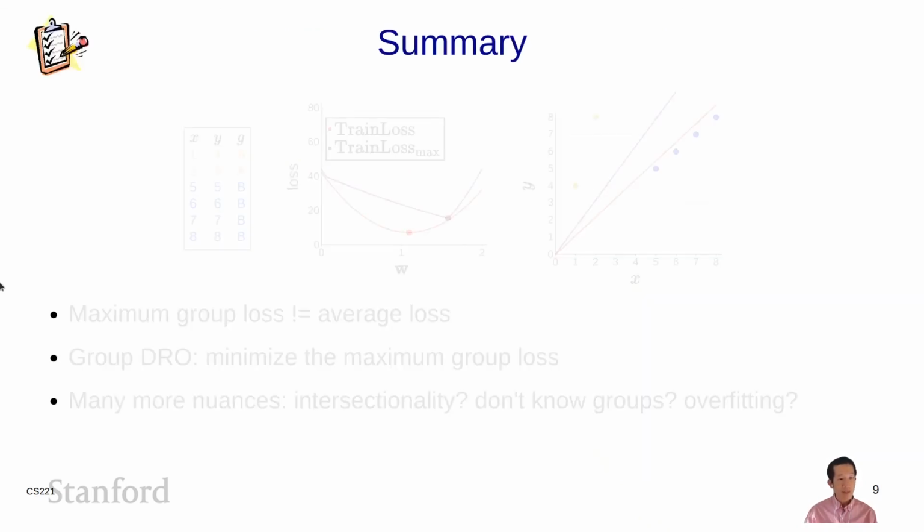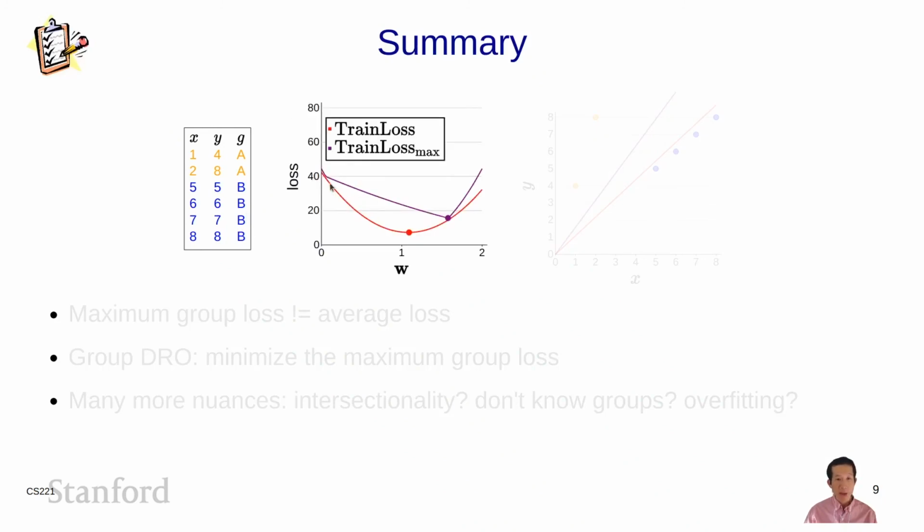Okay, so let me summarize here. We've introduced the setting where examples are associated with groups. We've done it for group regression, but this generalizes to classification and other more general machine learning problems. We saw that we have the average loss and the maximum group loss, and these are different.